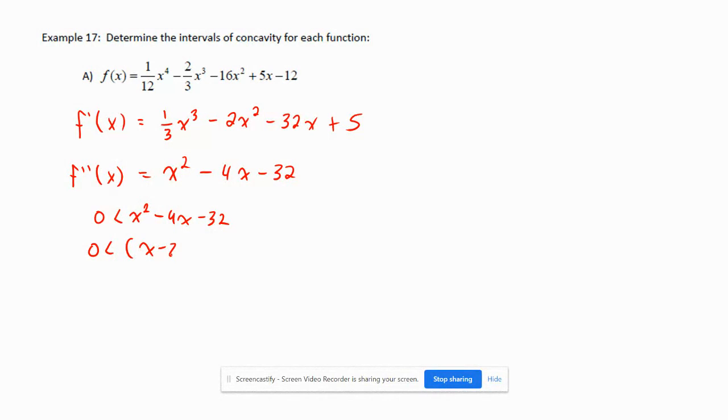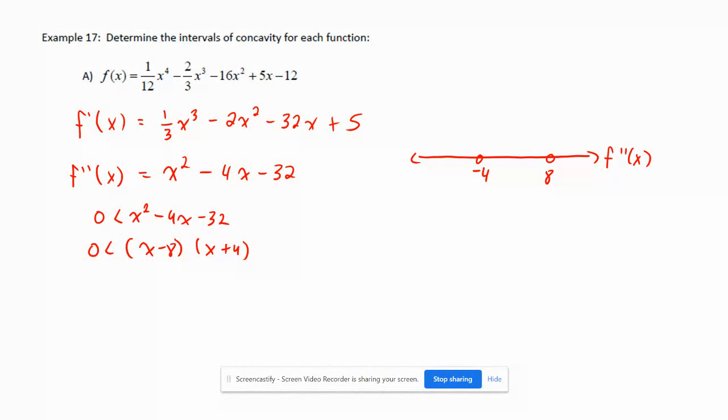We get (x minus 8)(x plus 4). So the numbers we put on a number line are negative 4 and 8. Again, this number line is of our second derivative.